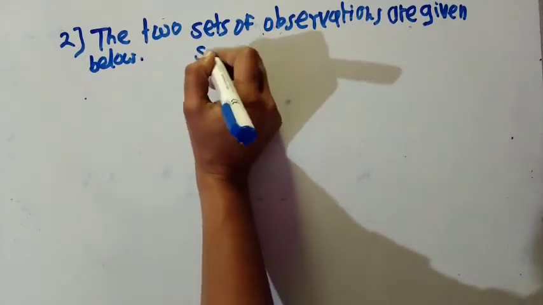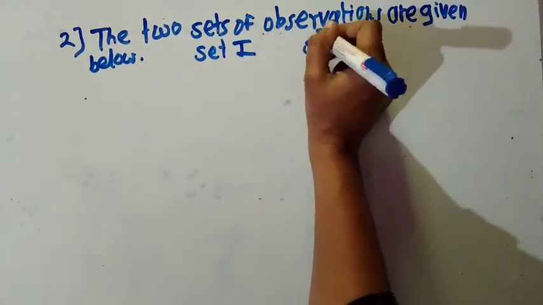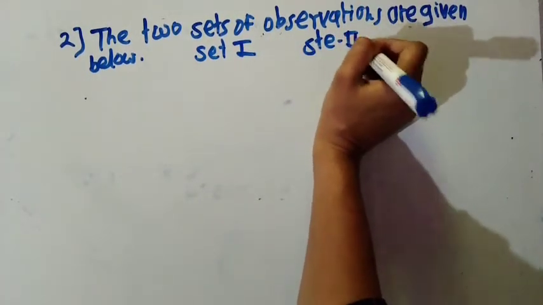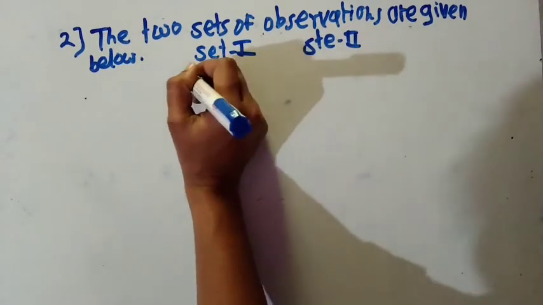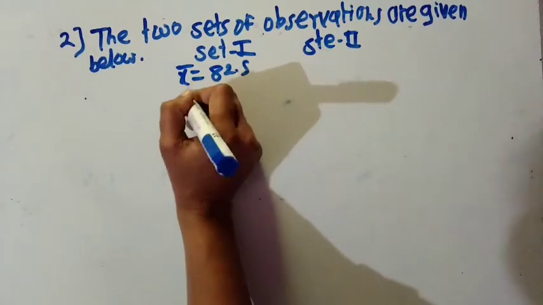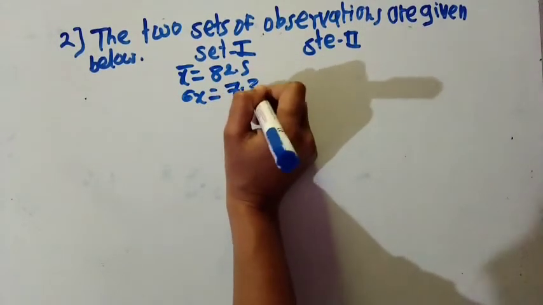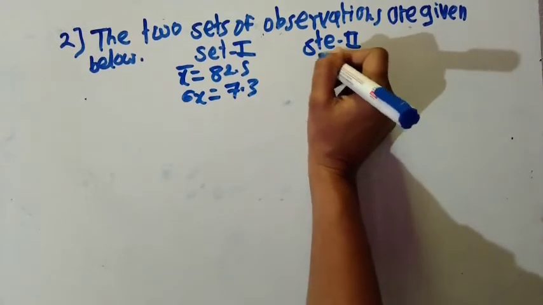Two sets of observations are given, set 1 and set 2. Set 1: x bar is equal to 82.5 and sigma x is equal to 7.3.